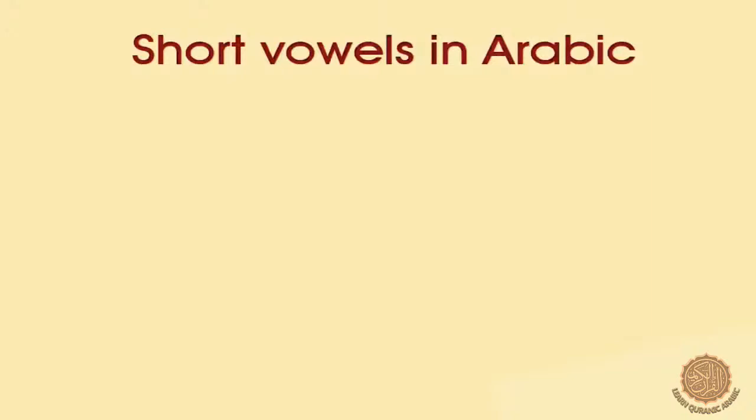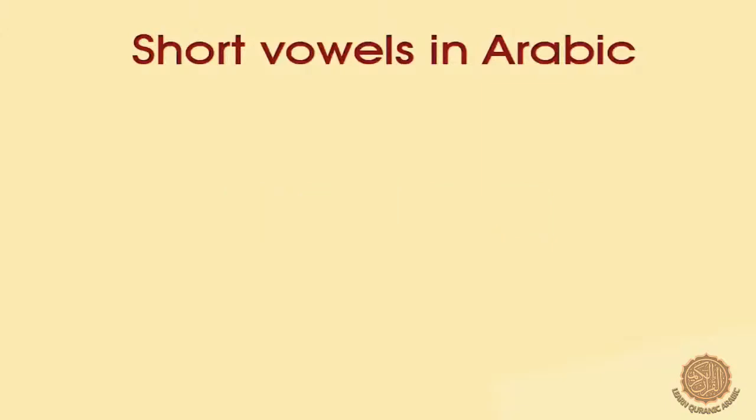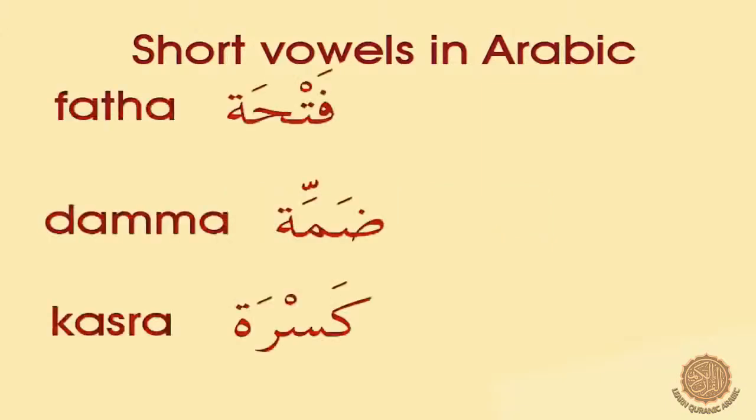Unlike English, in English we have 5 vowels, A, E, I, O, U. In Arabic we only have 3, and they are what is known as fatha, dhamma, and kasra. So let's first of all just understand how they're written. In front of us we have the letter fa, and when we add vowels in Arabic, it's different to English.